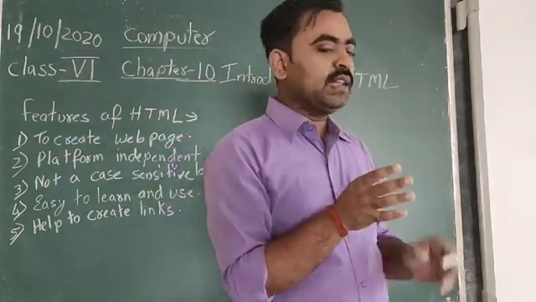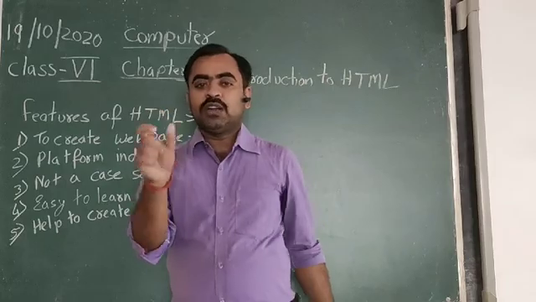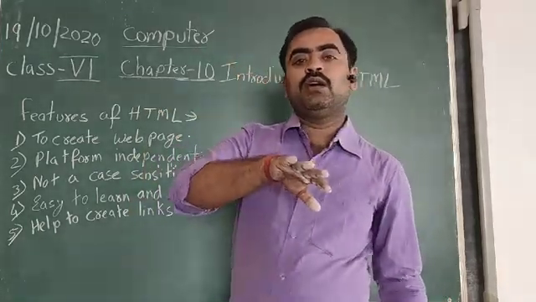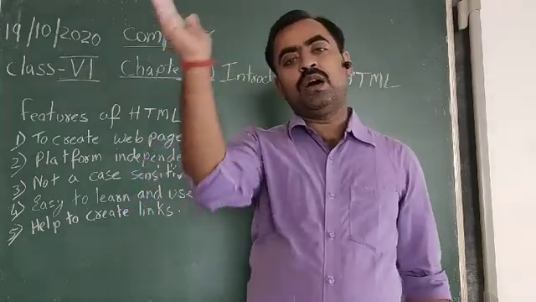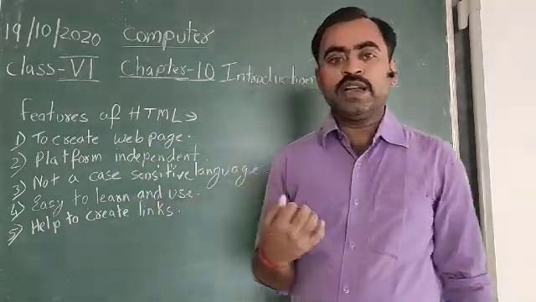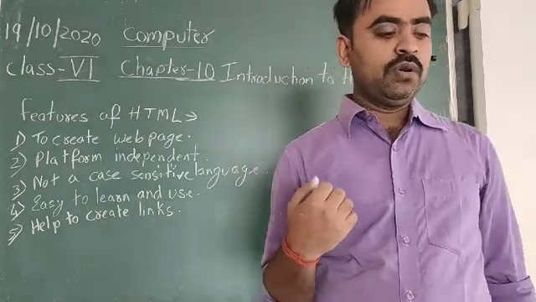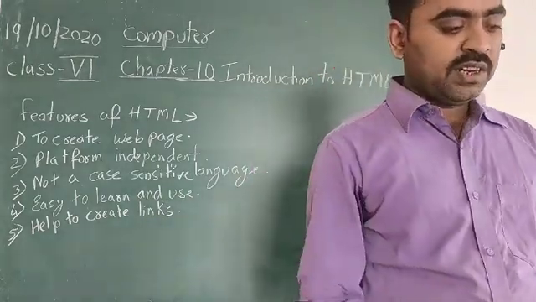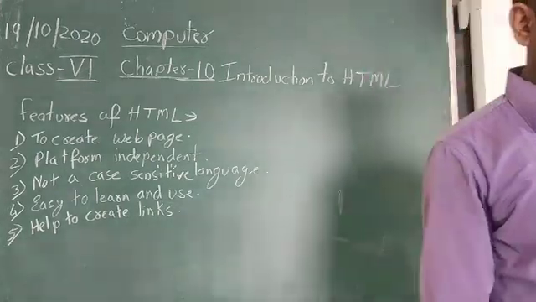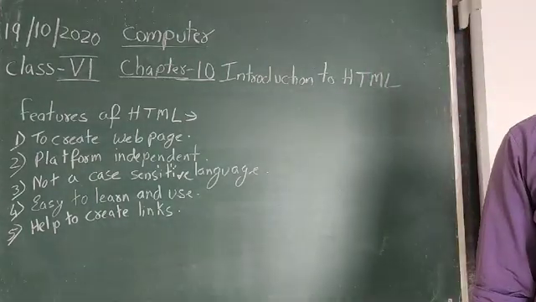We can easily create hyperlinks, and on clicking on that particular text or picture, the web browser directly takes you to another web page or website. That is called creating hyperlinks. So the HTML feature is that the user can easily create a link to a different web page.